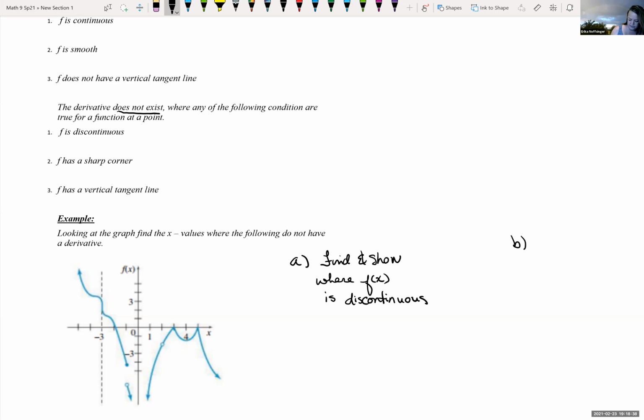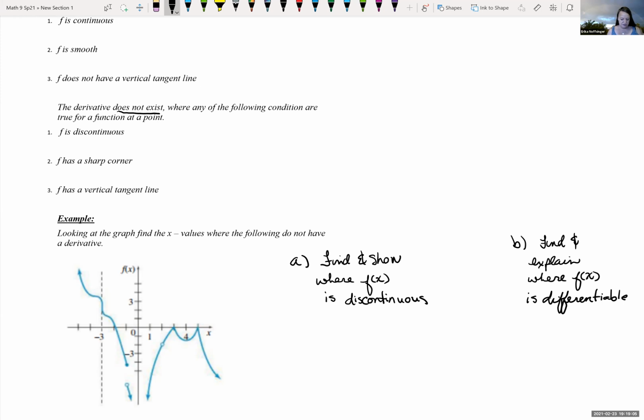And then find and explain where f of x is not differentiable. If it has a derivative, we can say it's differentiable at that value.